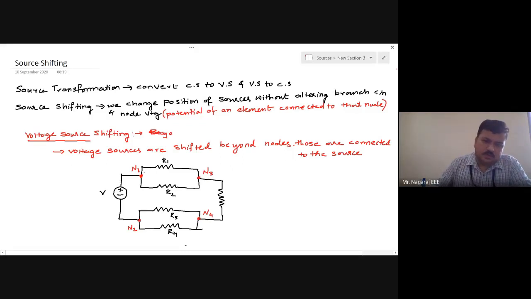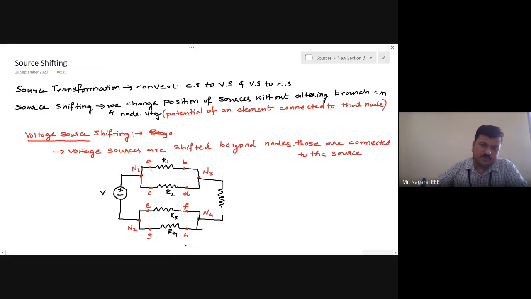Let me mark the terminals of all the resistors with the names A, B, C, D, E, F, G and H. AB are the terminals of R1, CD for R2, EF for R3, GH for R4.